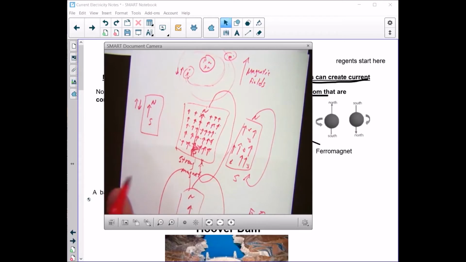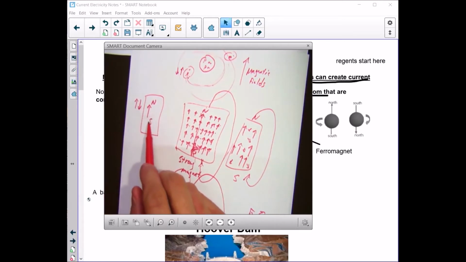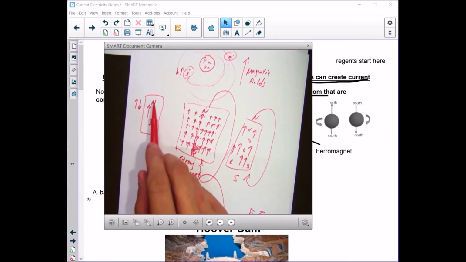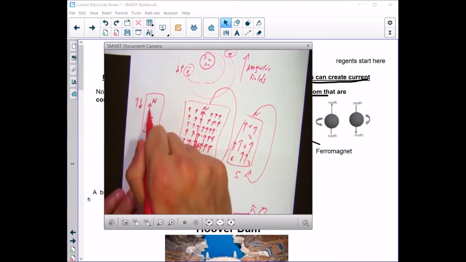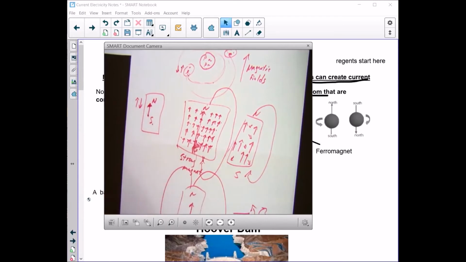So the basic answer to your question is, because electrons spin and create magnetic fields, and because for every north pole there has to exist a south pole, if the arrow is facing up, that creates a north pole, and then because there's an end to the arrow, that has to create a south pole. Does that answer it, or would you like me to try to answer it a different way?